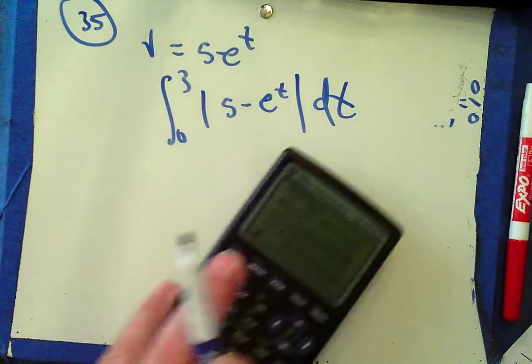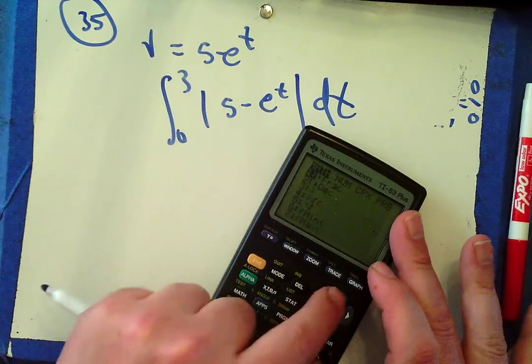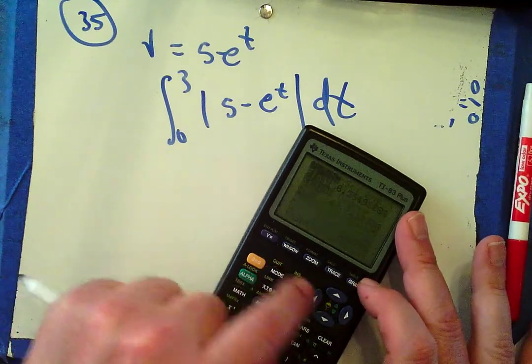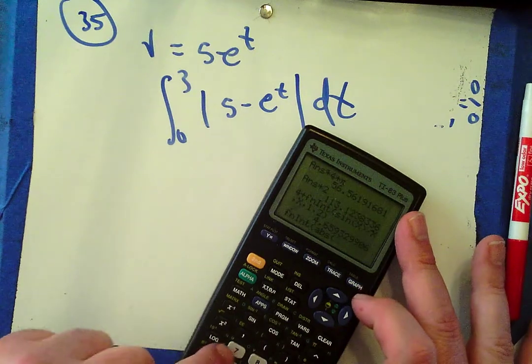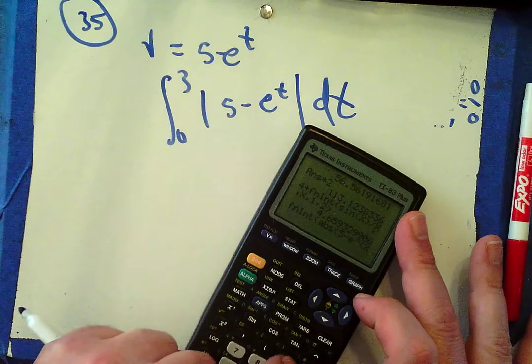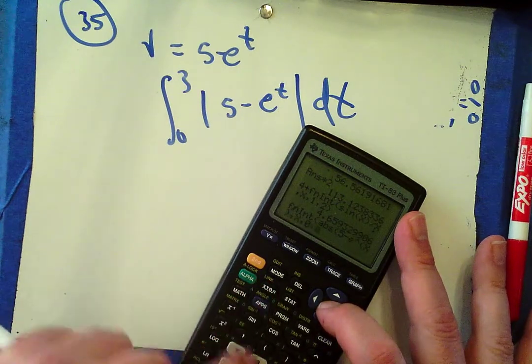I can write this as one integral with absolute value. So math, integral, absolute value of 5 minus e to the x, close the absolute value, comma x, comma 0, comma 3.